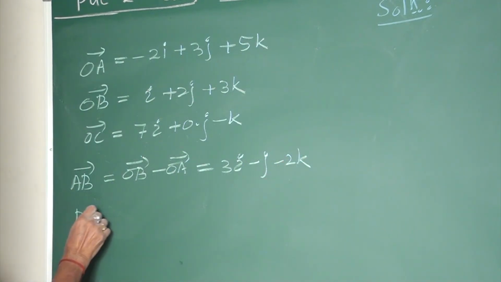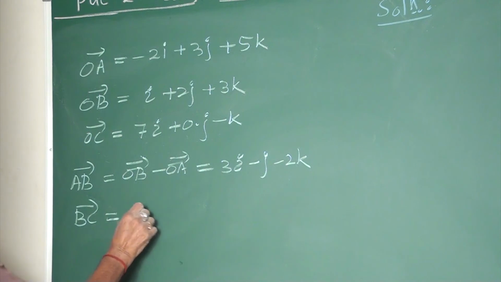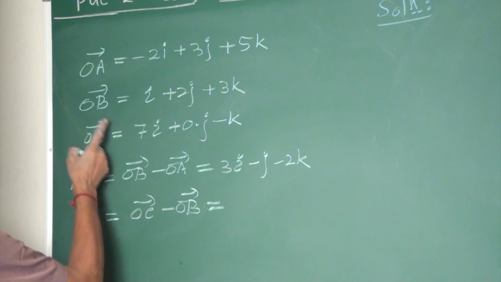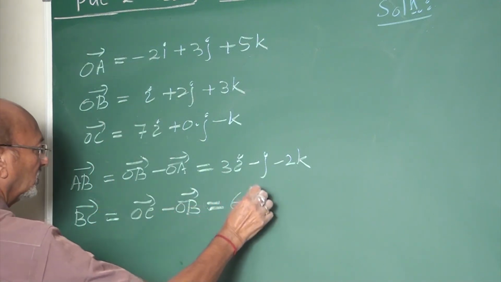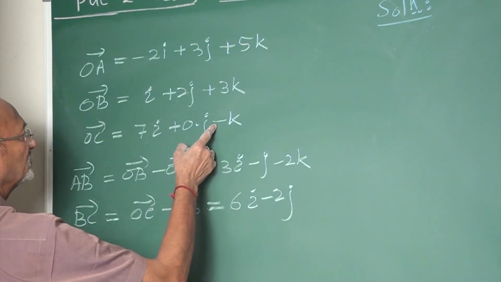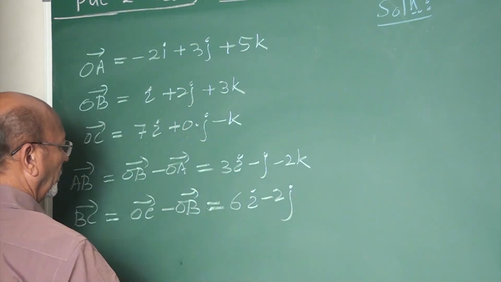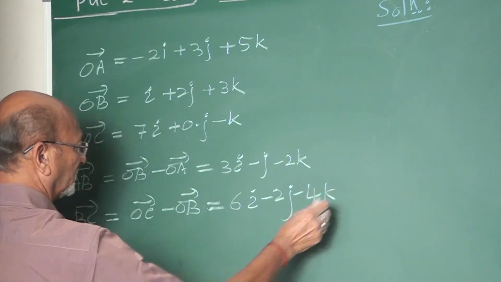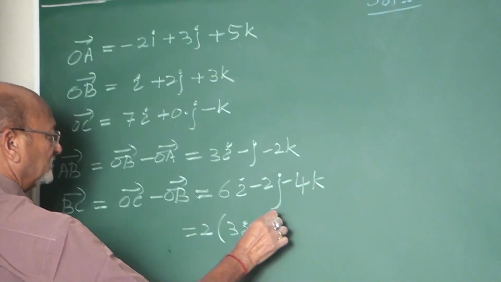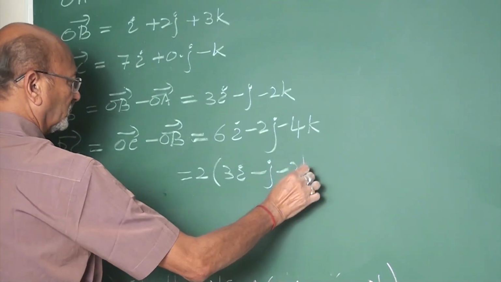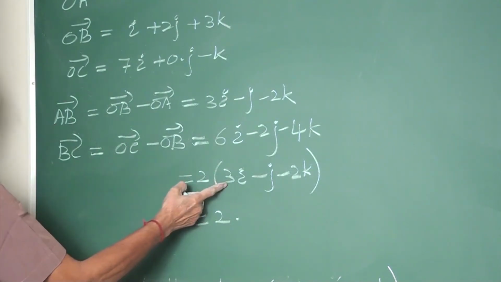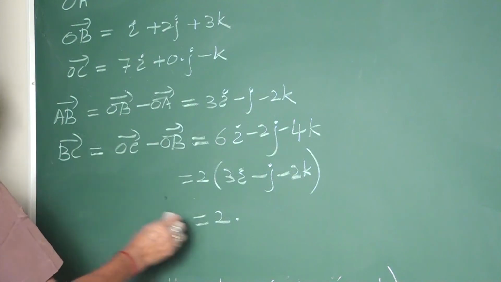Then BC is OC minus OB: 7 minus 1, 0 minus 2, minus k minus 3k, minus 4. Yes, you have to take 2 common. It is 3i minus j minus 2k, so it is 2 times. Tell what is this, my friend? 3i minus j minus 2k is vector AB.